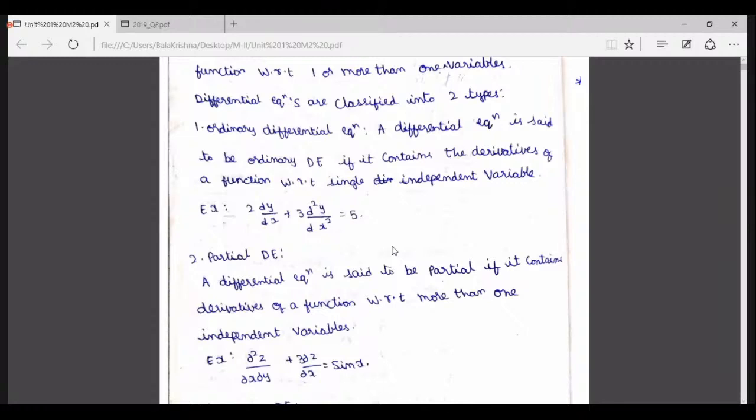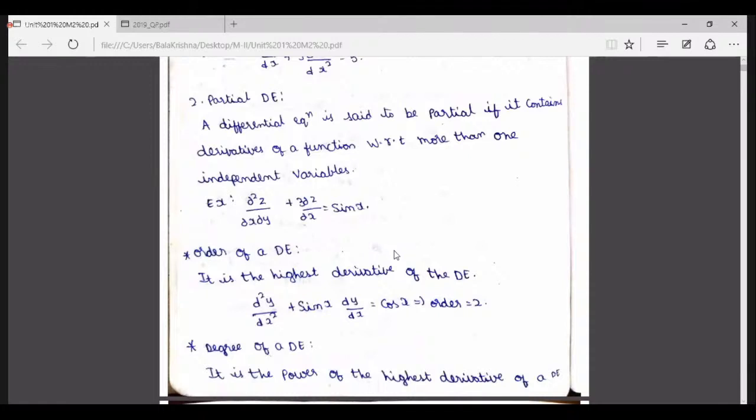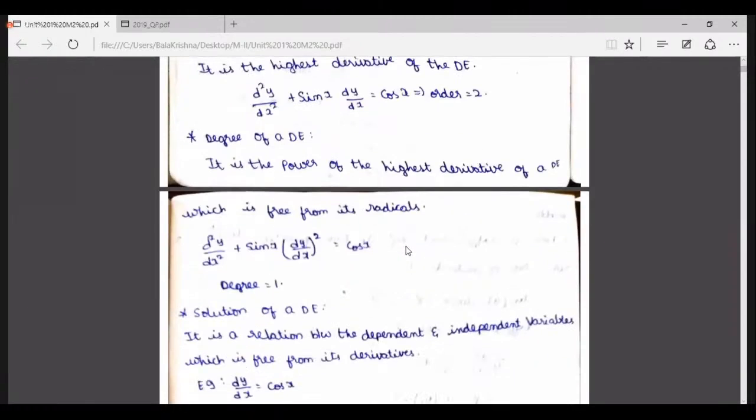Our syllabus is related to ordinary, so we'll see that one only. The basic things: the order is the highest derivative of the differential equation, and the degree is the power of the highest derivative of the differential equation.